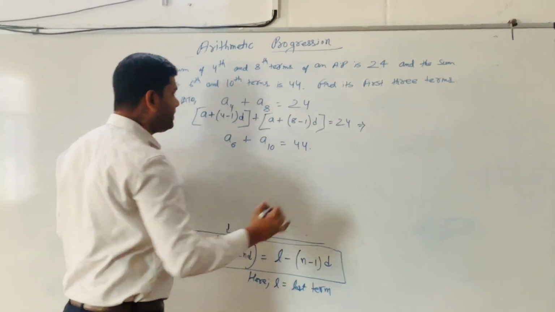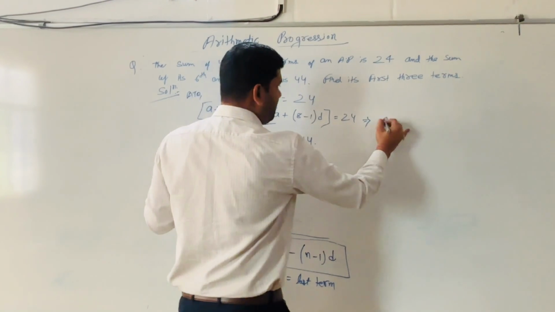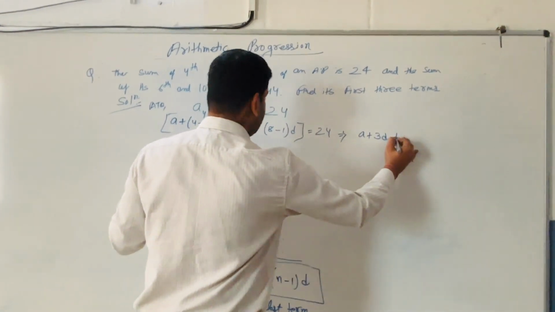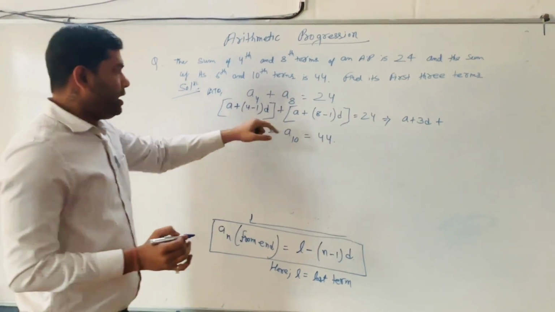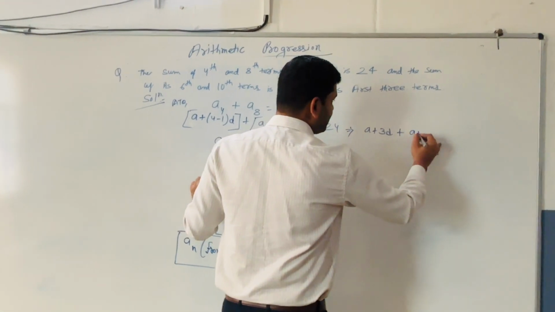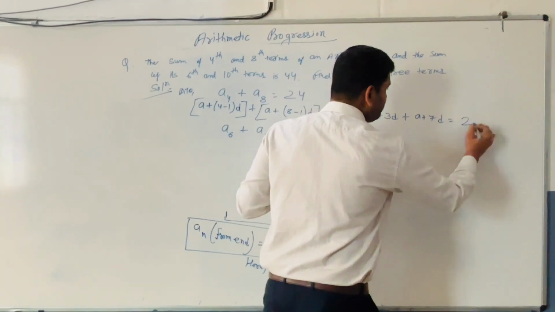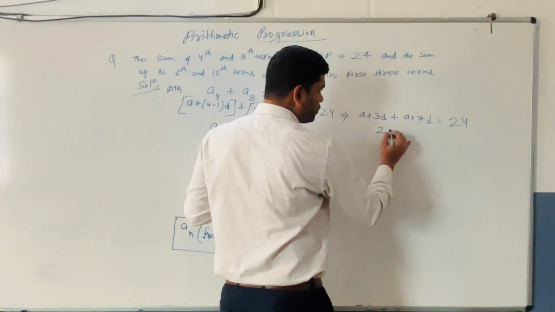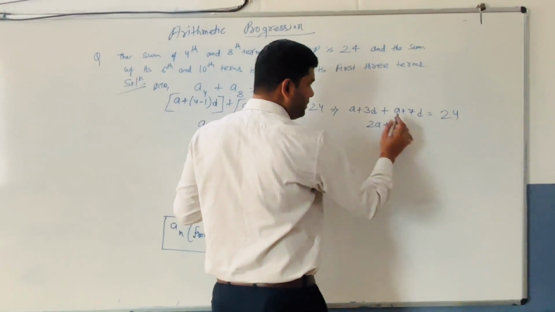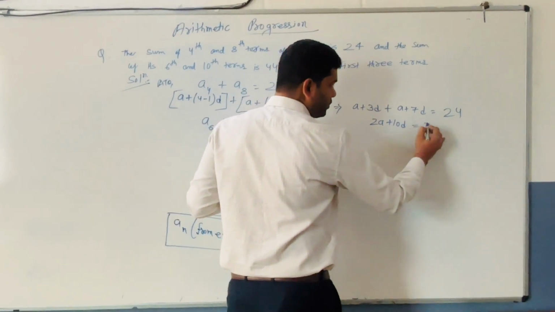So if you simplify them, you will get A plus 3d, because 4 minus 1 is 3. Now again A plus 7d, which is given as 24. So if you solve them, A plus A is 2A, and 3d plus 7d is 10d, equal to 24.